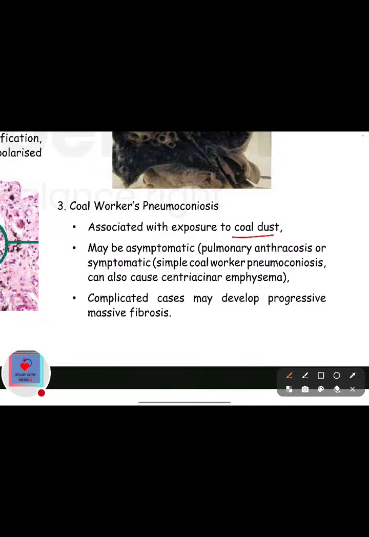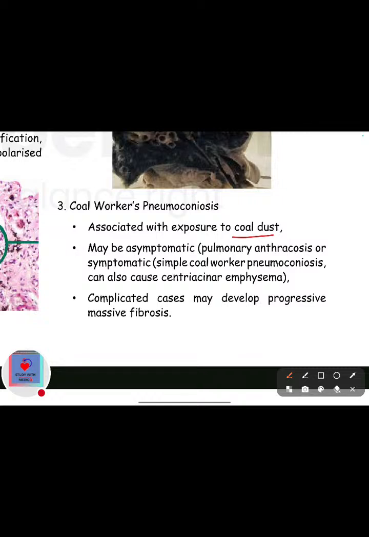It may be asymptomatic, that is pulmonary anthracosis, or symptomatic, that is simple coal workers' pneumoconiosis.